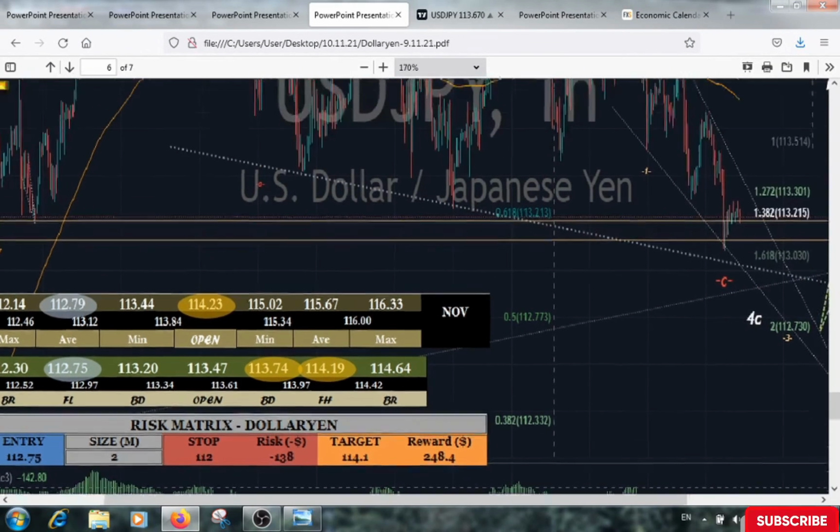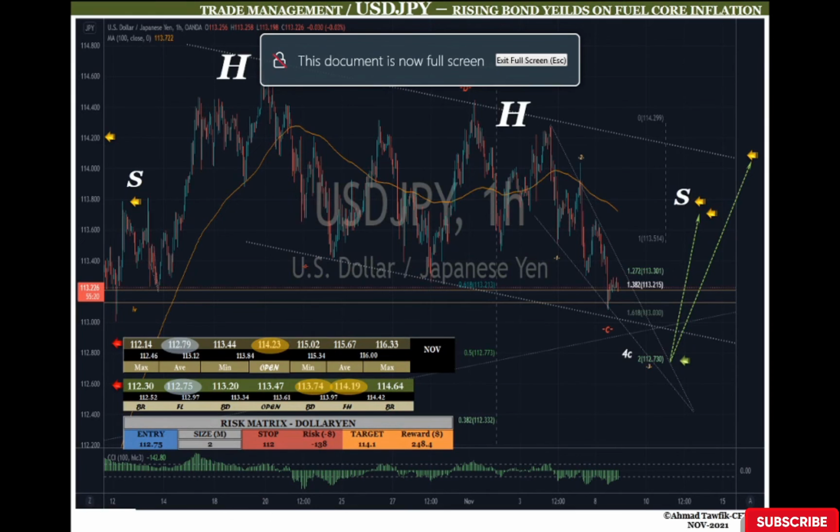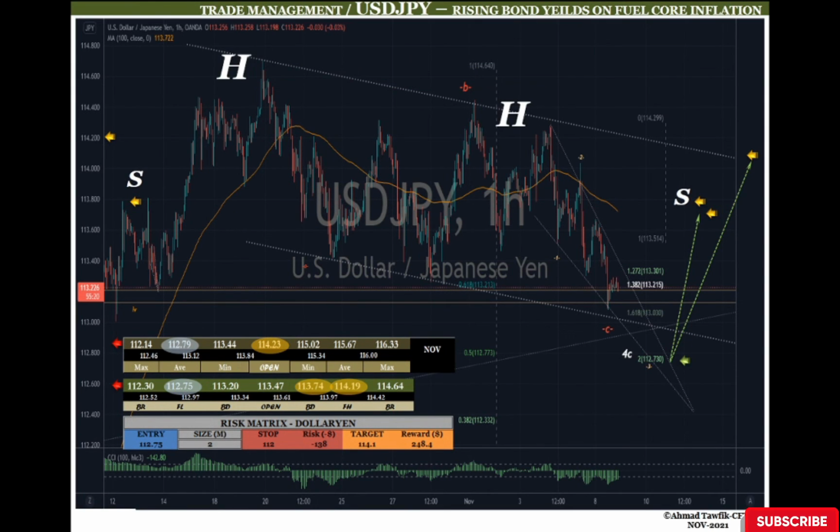The risk reward is 1 to 2, but of course it's too academic, and you would only get to do just 1 trade probably a month, or 1 trade in a fortnight, 2 weeks. If we get to trade it, we have to be in very good focus, and we have to be very attentive throughout the whole duration of the 2 weeks in order to get that entry correct, and you may not even get the target at 114.1.